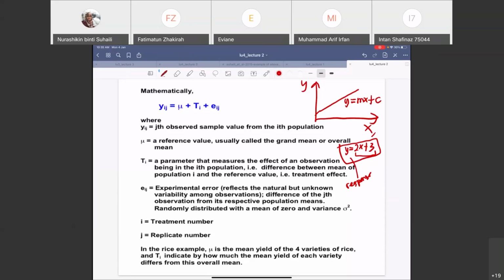For example, a very simple example, like what we talked about earlier: reading habits. Let's say our response is the number of hours students read.